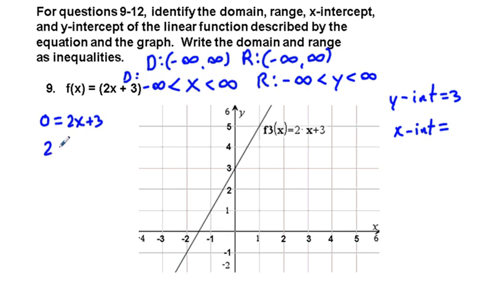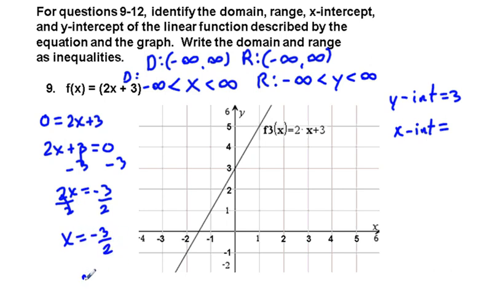We just go about solving for x. I'm just going to switch this around. 2x plus 3 is equal to 0. And we subtract 3, cancel out, 2x is equal to negative 3. And if we divide by 2, we have x is equal to negative 3 over 2, or we could say negative 1.5.